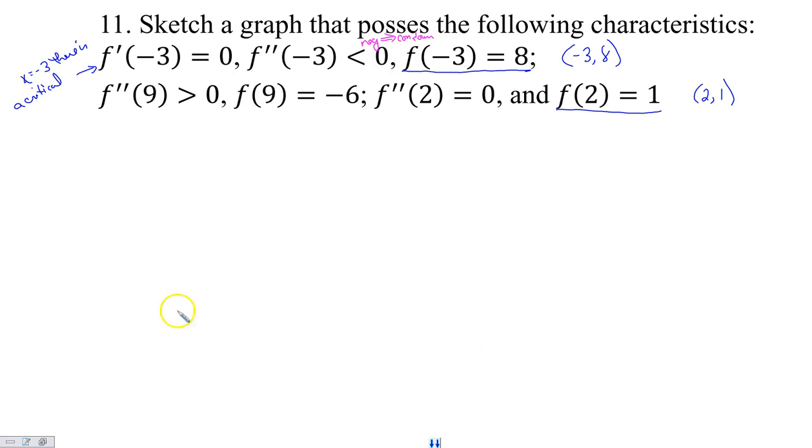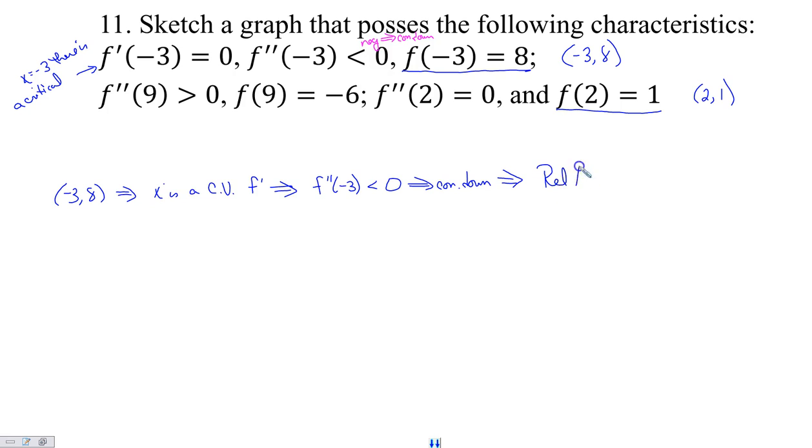So we have this point, -3, 8, where x is a critical value from the first derivative, and f double prime of -3 is negative, which means that it is concave down, which makes this point, you guessed it, opening down, a relative maximum. And that's what we're finding out from this.